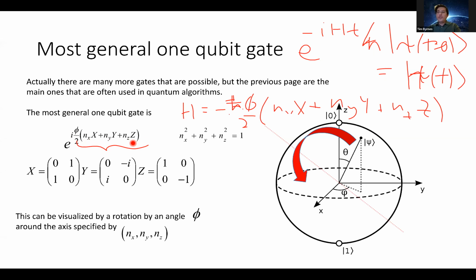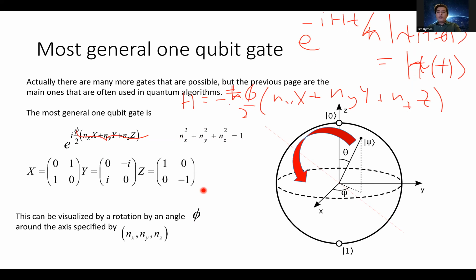If this is at some funny angle, then all these three things would be non-zero, and there'll be a rotation around that. This phi angle is the angle that it rotates around. So if you wanted to rotate, for example, a state by 45 degrees, then this angle would be pi over 4, and so forth. I think this is where we got up to.